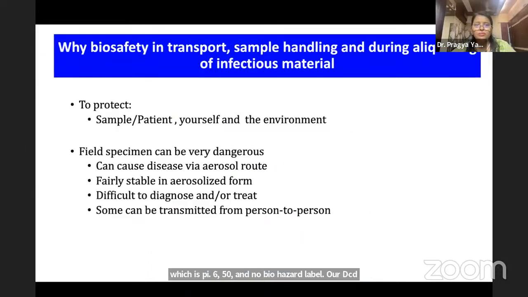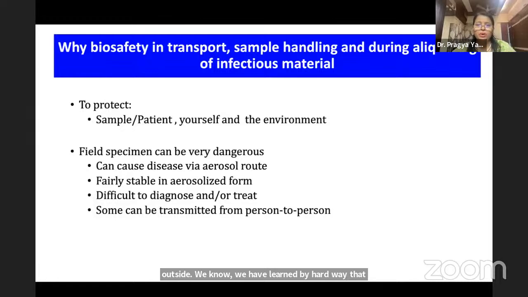So the question comes why we have to be so cautious about transport, why we have to do the biosafety. As we all know, you need to protect the sample, the patient, yourself, and also the environment. And field specimens can be dangerous. If people are coming from outside, we have learned the hard way that emerging infectious diseases are a reality of the day.